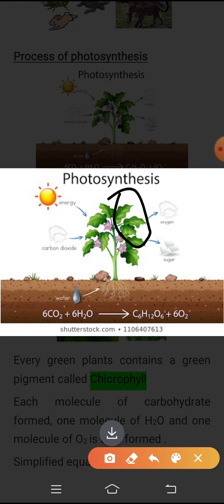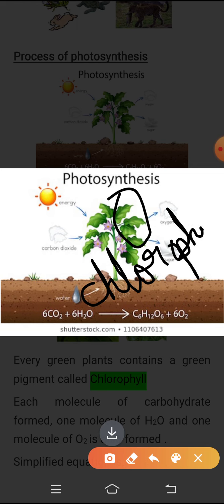Every green plant contains the pigment called chlorophyll. You know that chlorophyll is a green color pigment which is present in the leaves of the green plant. So this chlorophyll develops complex organic molecules from simple compounds in the presence of sunlight.